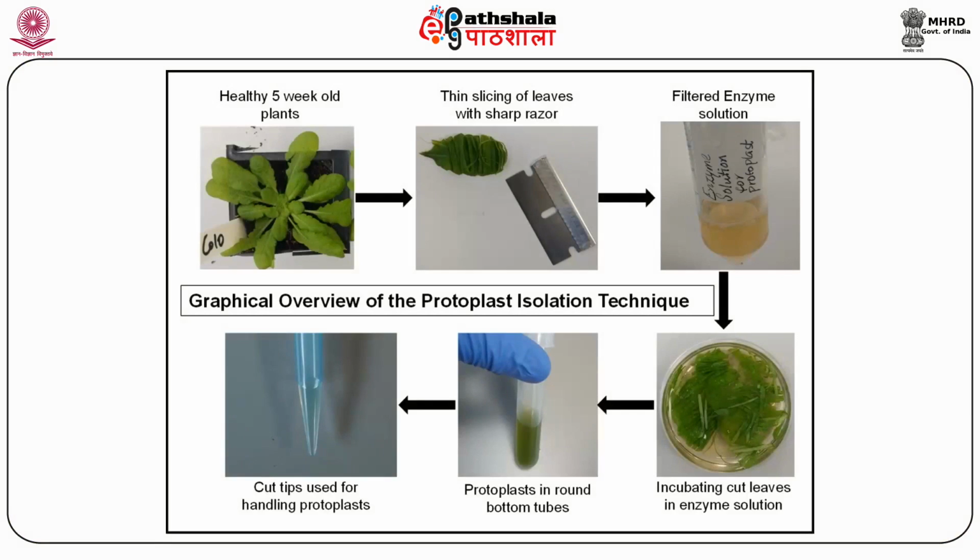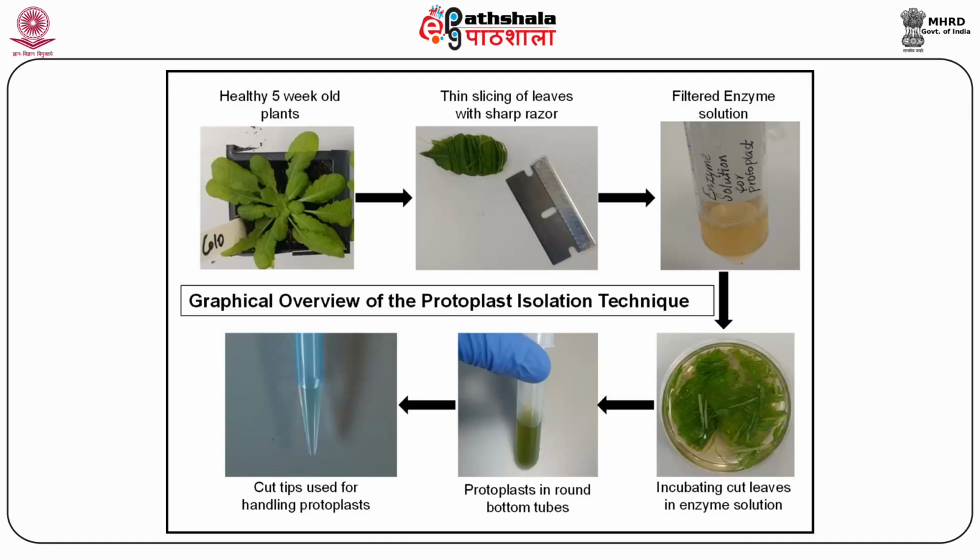You take a healthy plant, you take the leaf that gives you good protoplast and cut it into very thin slices with the help of a razor blade. Thereafter, you transfer these slices into liquid containing the filtered enzyme solution or the commercially available enzyme solution.